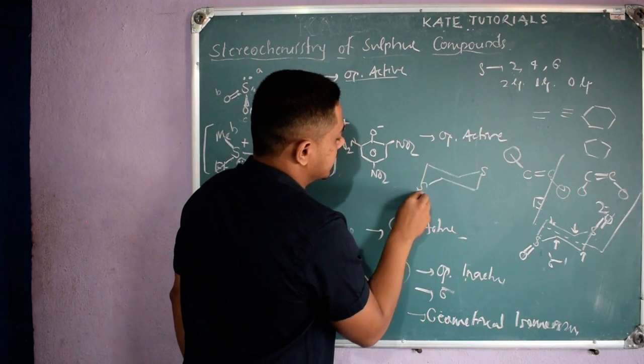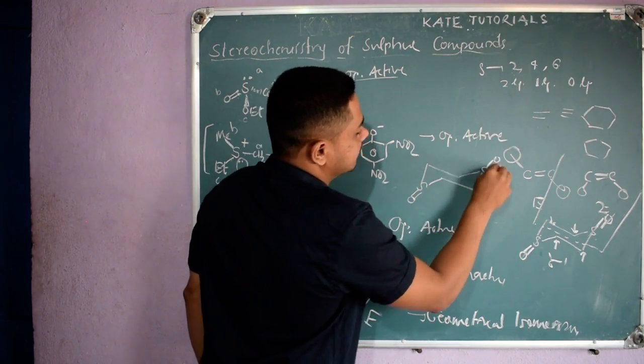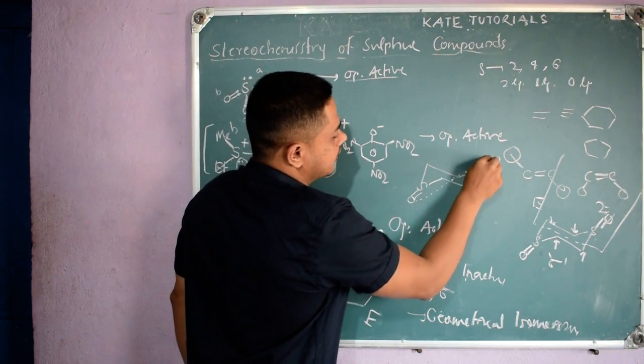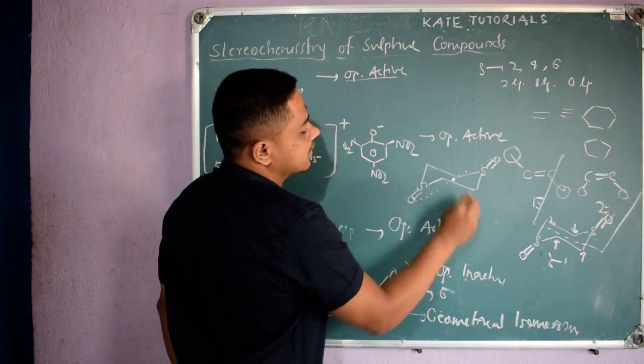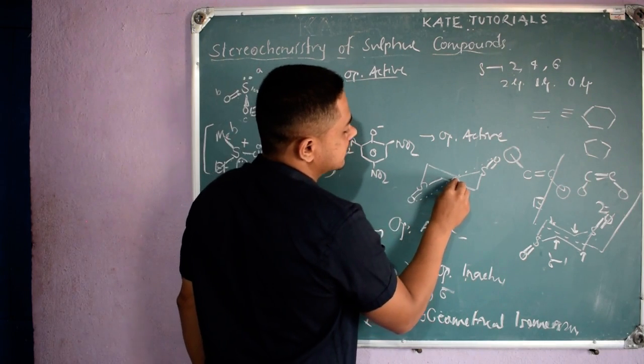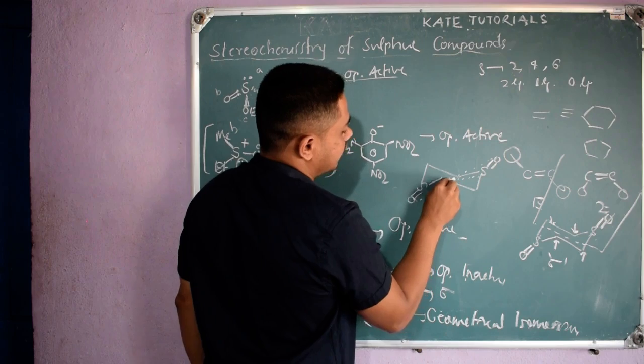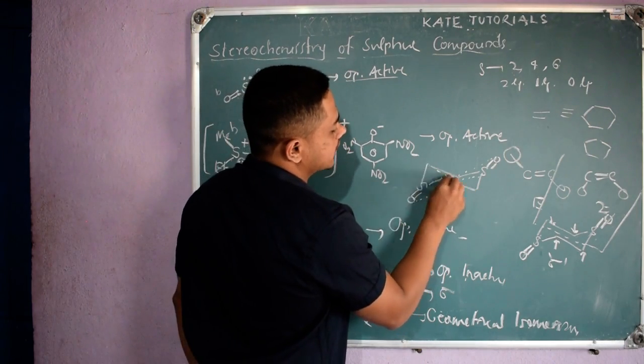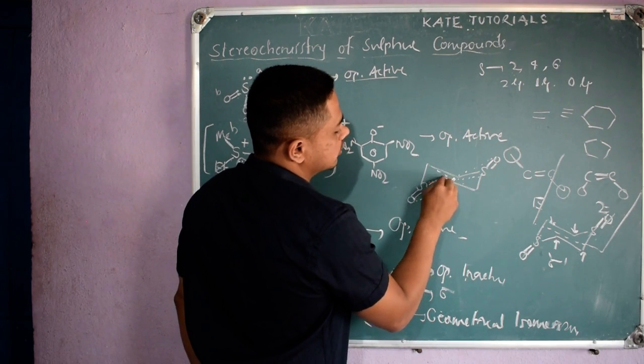What is the center of symmetry, that I will tell you. See, this is the molecule. From oxygen, if you go like this, you will get this oxygen. So here I have the center. From this the sulfur is equidistant, and from here this sulfur is also equidistant. This carbon both are equidistant. This carbon both are equidistant.